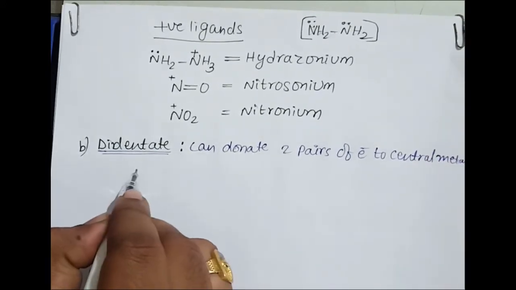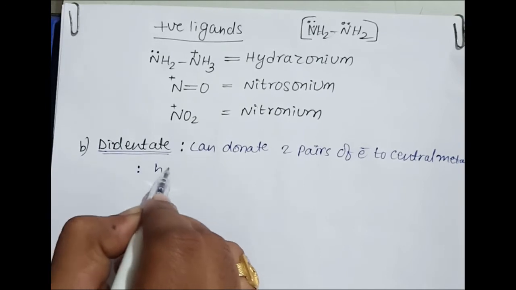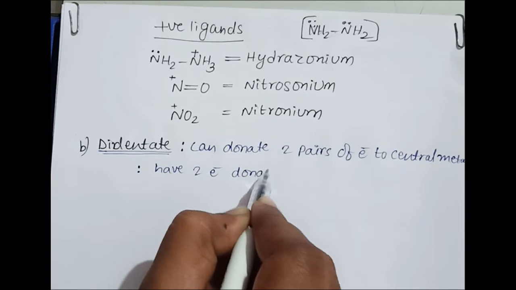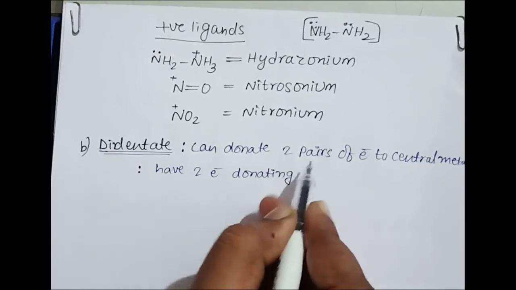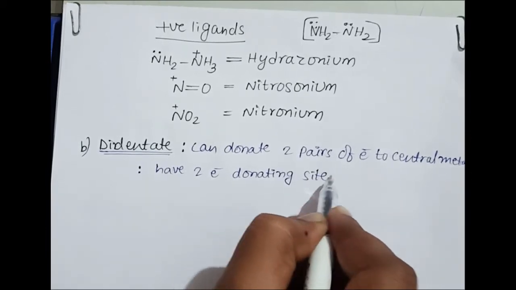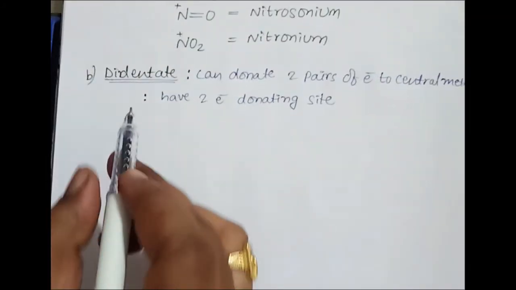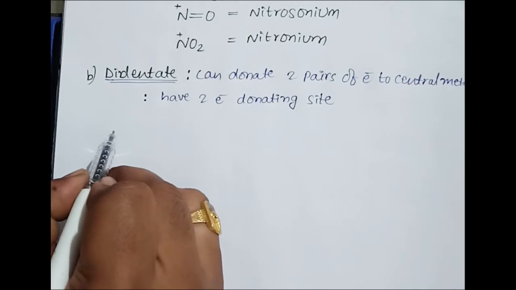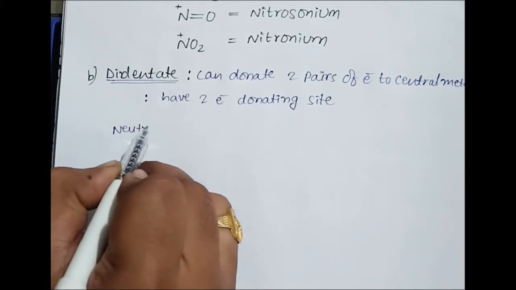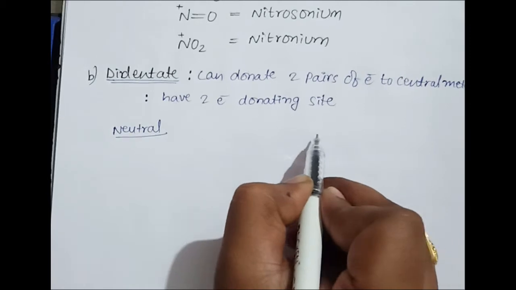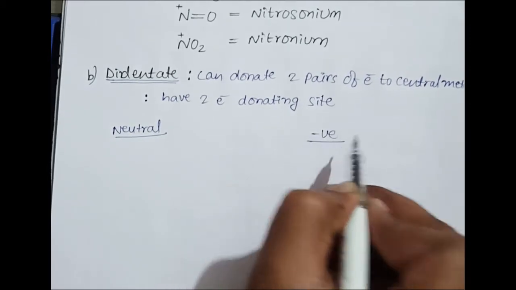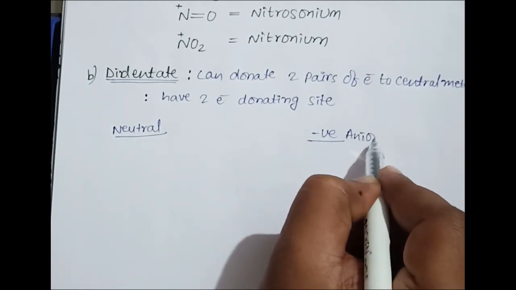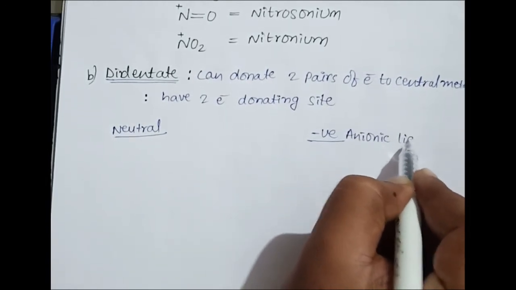Or else we can also give another definition: which has two electron donating sites, that is also called a didentate ligand. Yes, example. When you see the example, you will understand it better. So here also again there are two types of examples. One is neutral ligands, the next one is negative ligands or anionic ligands.